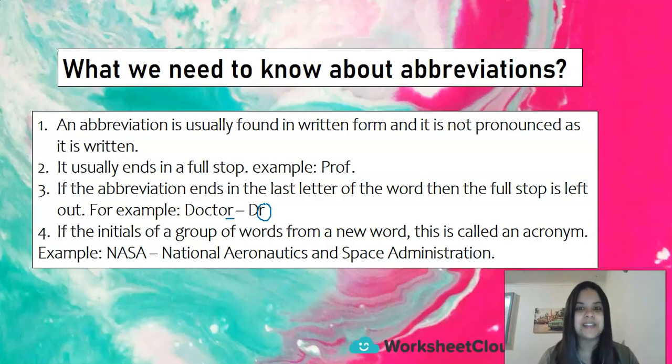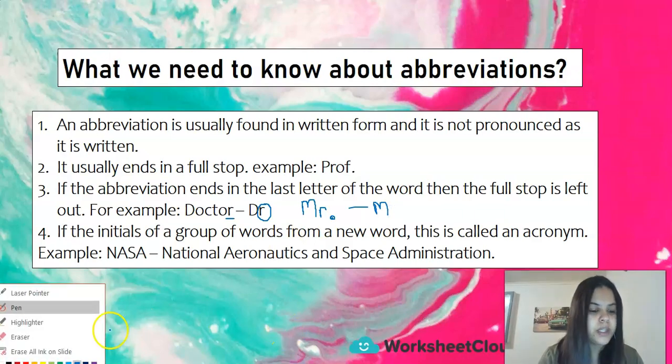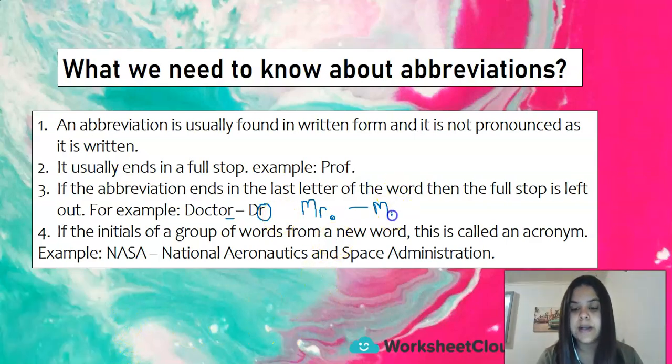Okay? But if we look at one like Mr, for example, right? Mr won't have a full stop either. You see how silly I am? Mr won't have a full stop either because Mr ends in R, but that's a good example for you nonetheless.